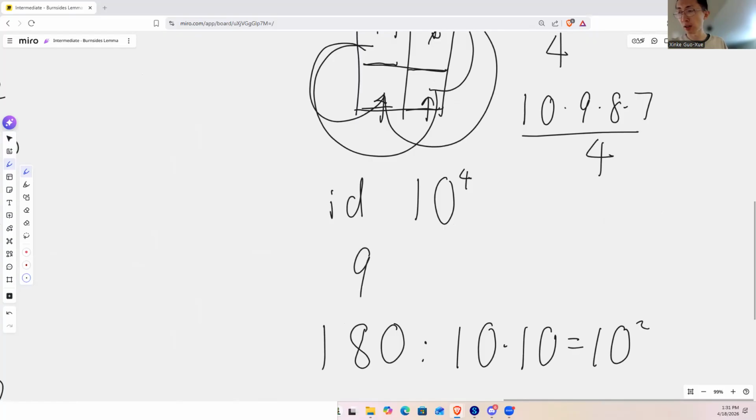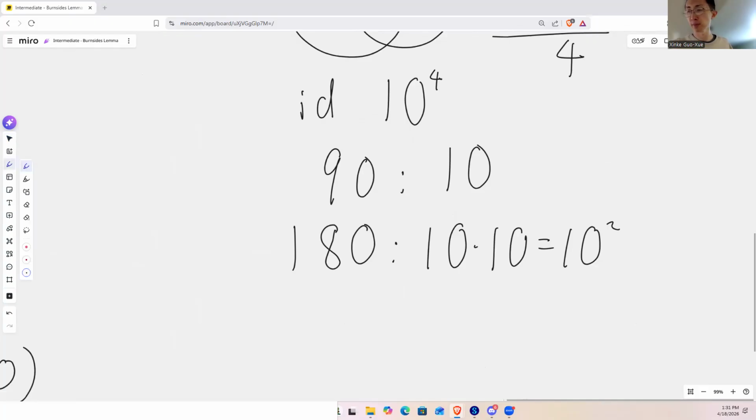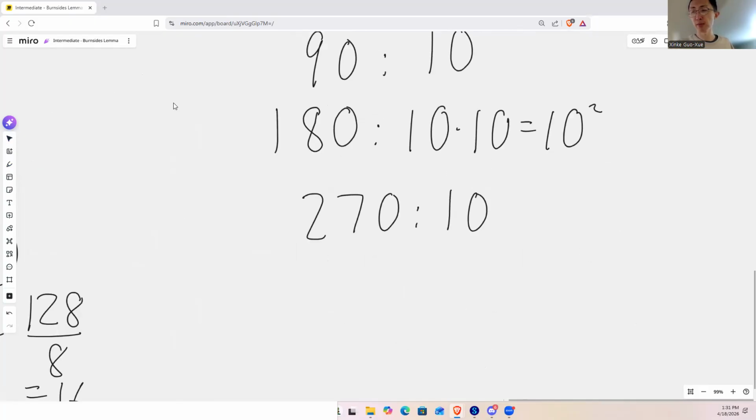Then a 90-degree rotation sends this to here, this to here, this to here, and this square to there. So whatever the color of one square is, that must be the color of the remaining 3 squares. 270 is the same as 90, so that's 10. Burnside's lemma tells us the number of distinct colorings is the average number of fixed points per symmetry.